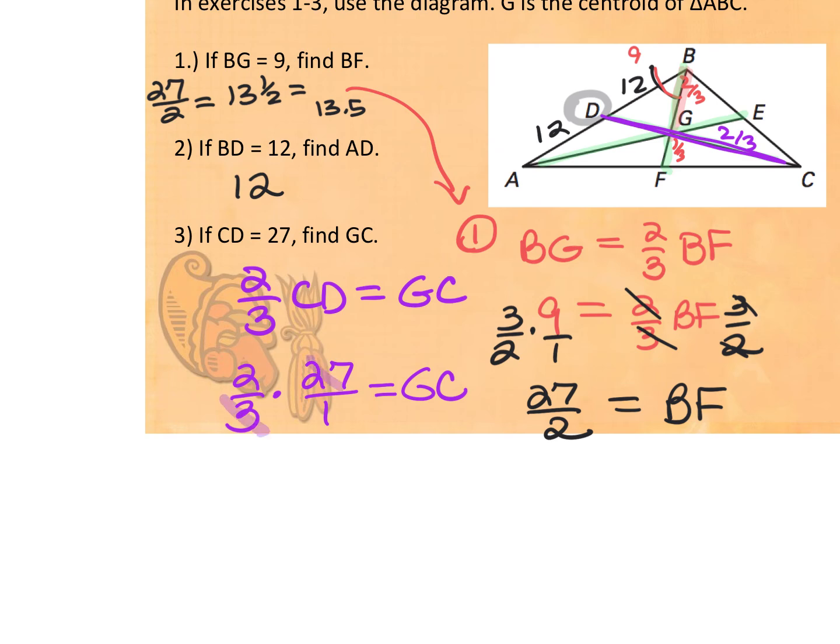I'm going to change my 3 to a 1, and I'm going to make my 27 a 9. And now I can multiply what remains. 2 times 9 is 18. 1 times 1 is 1. So the length of GC is 18. And then the last 2 problems in the warm-ups.